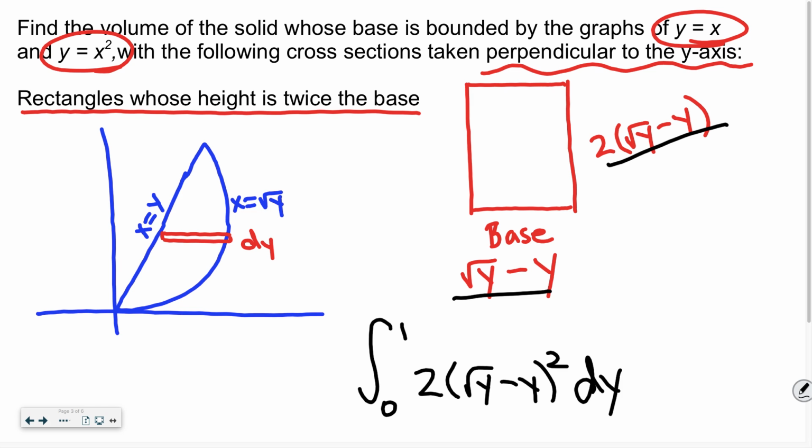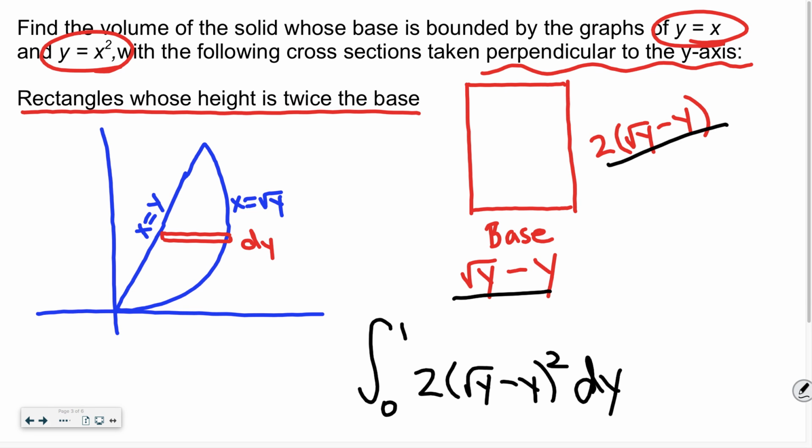The biggest piece of this is visualizing where the figures are and getting the area labeled appropriately. Squares and rectangles are probably the easier slices to work with.